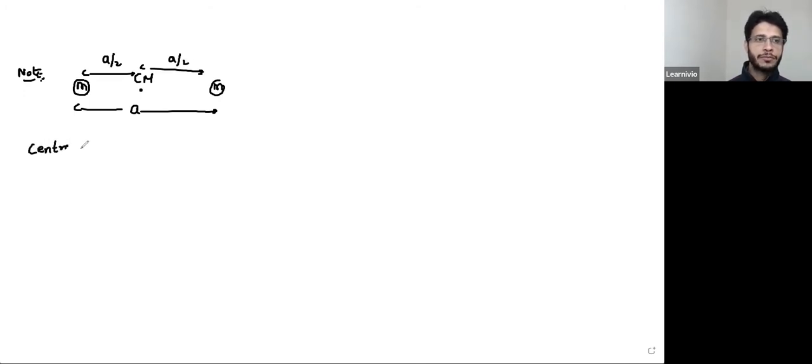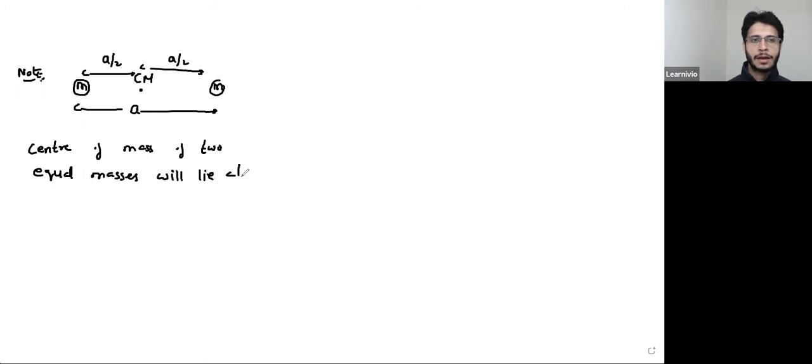So the center of mass of two equal masses will lie at their center. If you have two equal masses, the center of mass will lie at the center of the system.